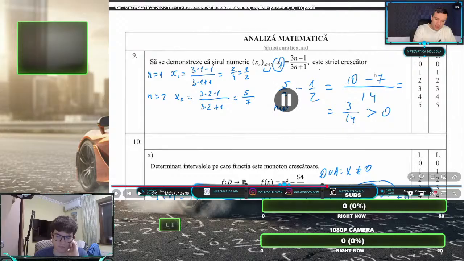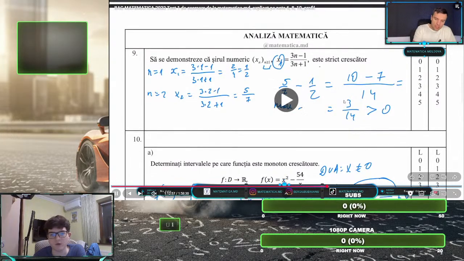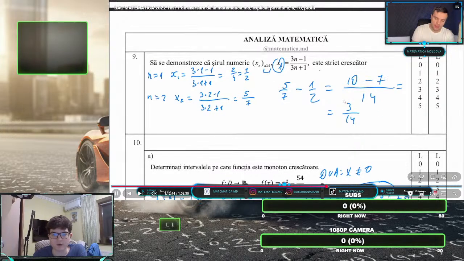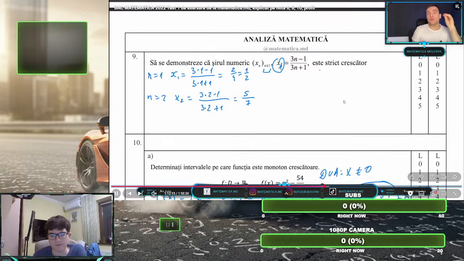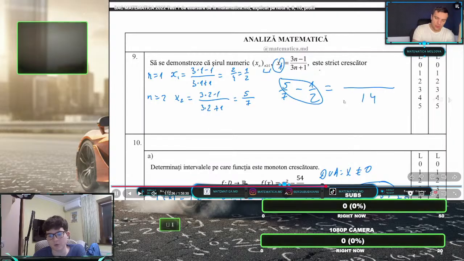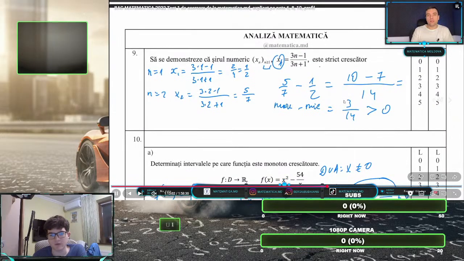So basically, you did 1, you did 2, and you did the minus, and you found out that it's a number larger than 0 when you did minus, so it grows. So that's how you demonstrate it, I guess. One back again. So it's done, right? 5 points, not so much. Boom.